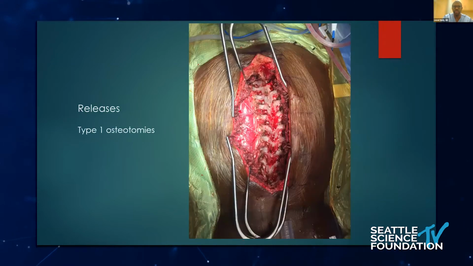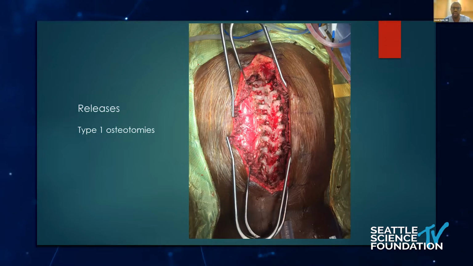We expose type 1 osteotomies are helpful, particularly for the coronal correction, but we really are limited in how much thoracic kyphosis can be induced when we only use type 1 osteotomies.